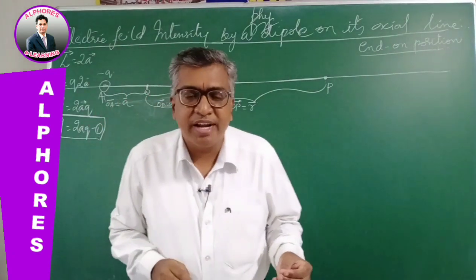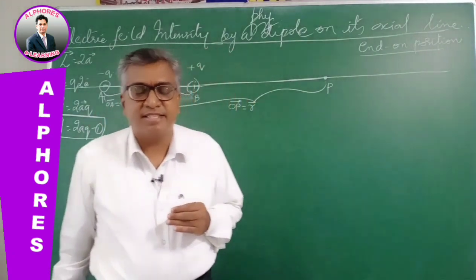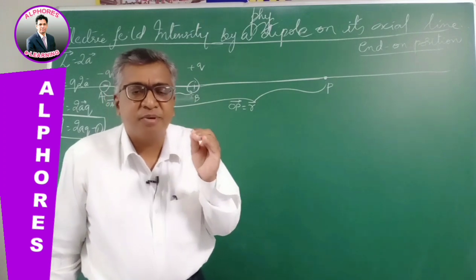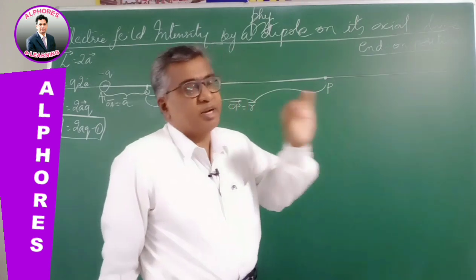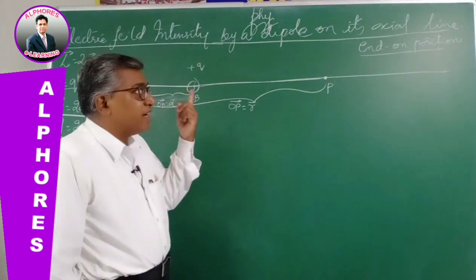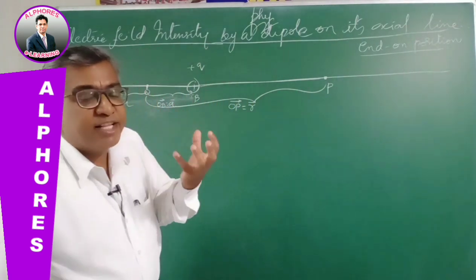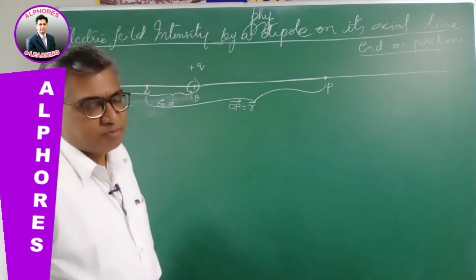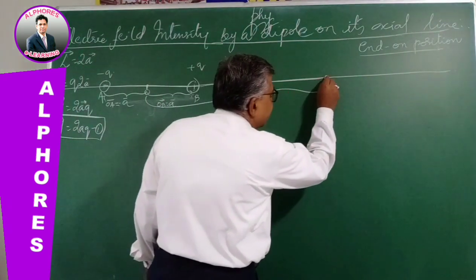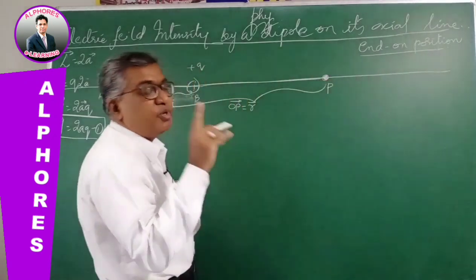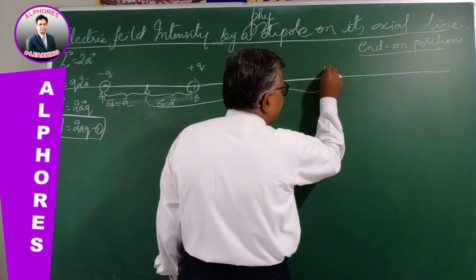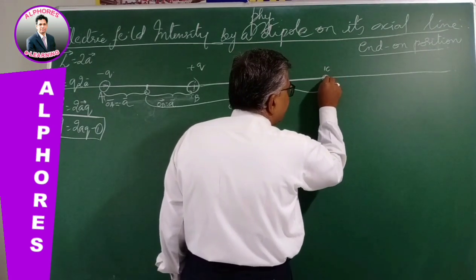We know, according to the definition of electric field intensity, it is the force experienced by a unit positive test charge placed at that point in the field. So if I have to find the electric field intensity, I have to find the force on the unit positive test charge placed at that point. So imagine here a unit positive test charge, I mean a 1 coulomb positive test charge.